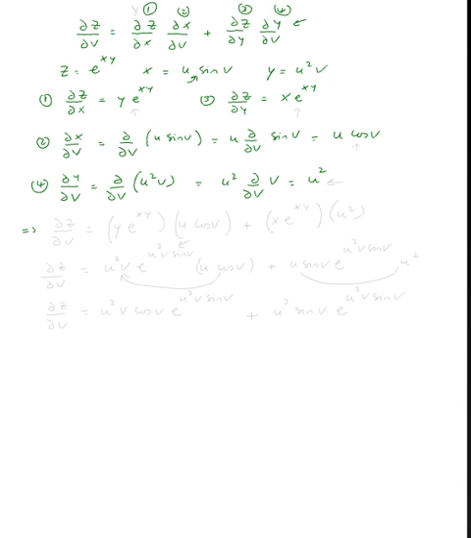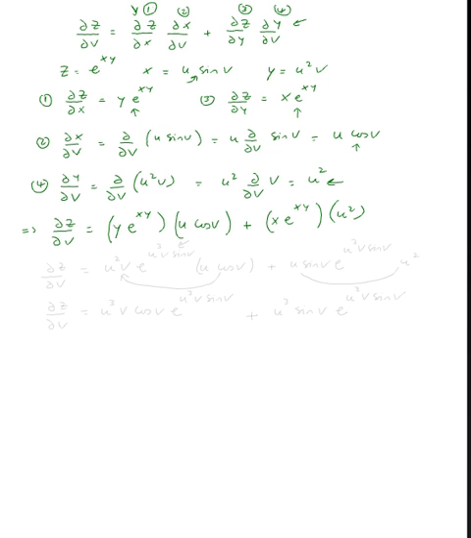Now therefore, partial z with respect to v is equal, what is a 1? 1 is right here. y e^(xy) times 2 is right here, u cosine of v, plus 3, with 3 right there, x e^(xy) times 4 is right here, u squared, right?